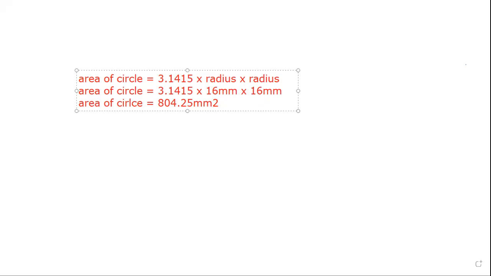And then we multiply 256 by 3.1415. That gives us our 804.25. The reason why we have millimeters squared instead of just millimeters is because we are multiplying millimeter by millimeter. Anything that you multiply by itself will be squared. Do you understand now, Kadeja?